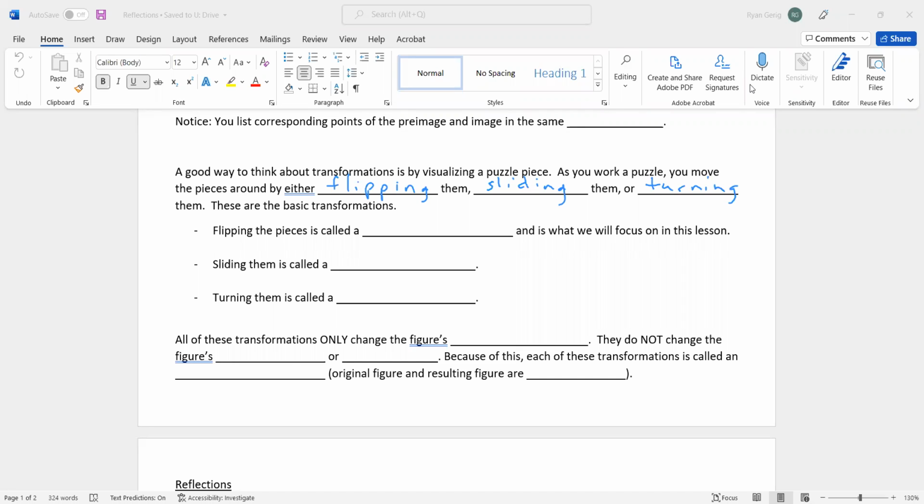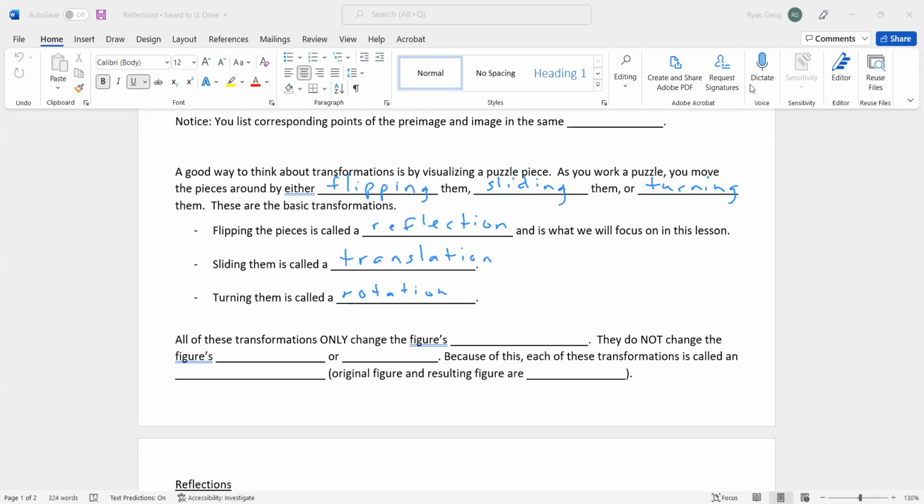These are the basic transformations and what we're going to cover in the next 3 days. Flipping the pieces is called a reflection. That's what we're focusing on here in a little bit on the backside. Sliding them is called a translation, and that's tomorrow. And turning them is called a rotation, and that's the 3rd day.